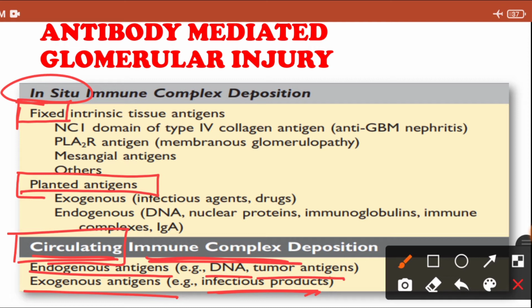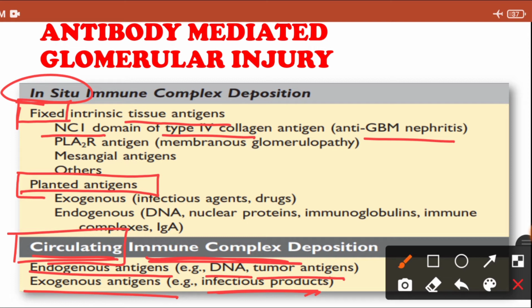So which are the fixed tissue antigens present in the glomerulus? The classical example against which antibodies form is the glomerular basement membrane. It contains type 4 collagen, particularly the NC1 domain, against which antibody will form and lead to glomerular injury, which is known as Goodpasture syndrome.